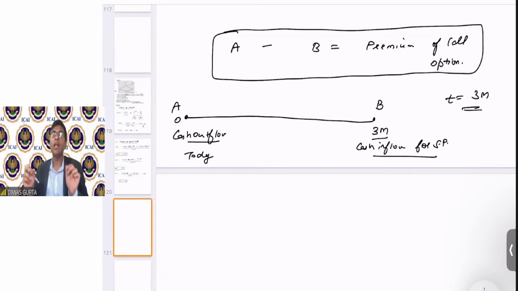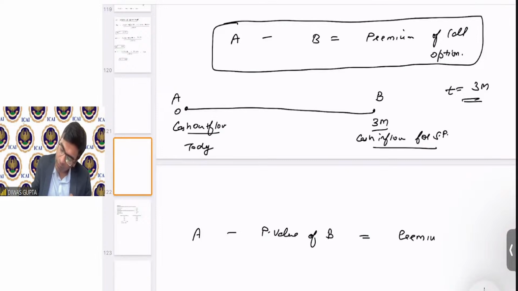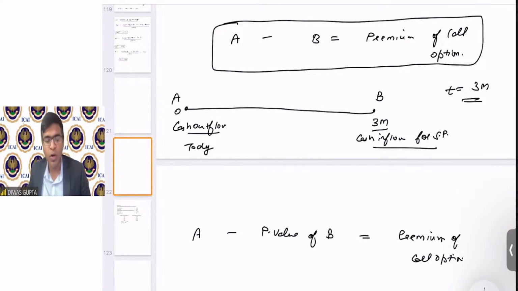Now, since these two values are not comparable, can I modify the formula as A minus present value of B is equal to premium of call option? I think all of you will agree with me. Yes, I can modify this because the timing of A and B happening is different.